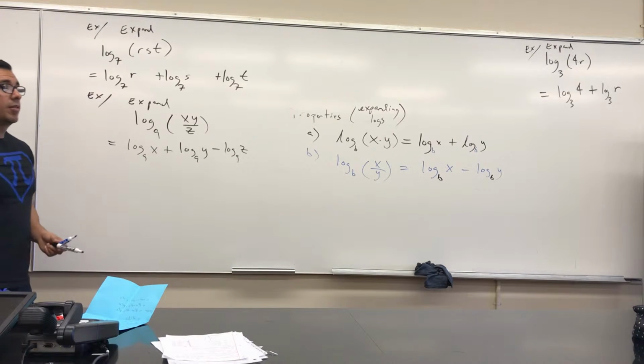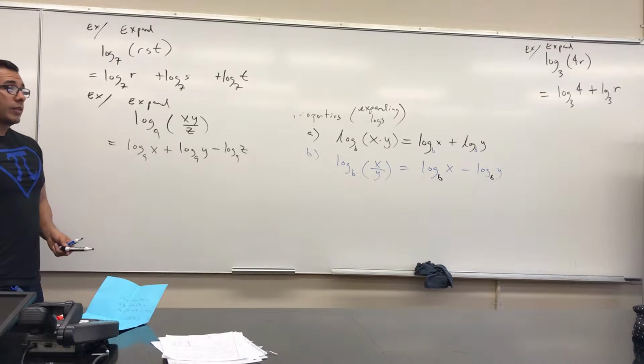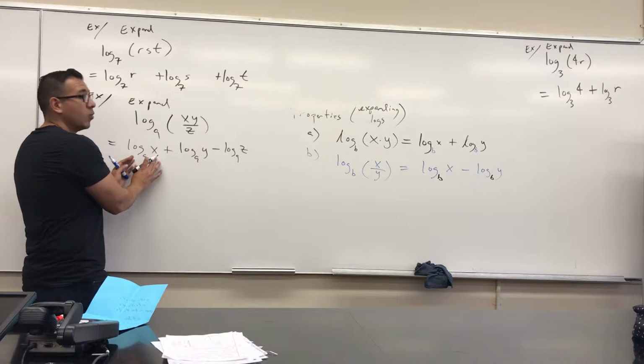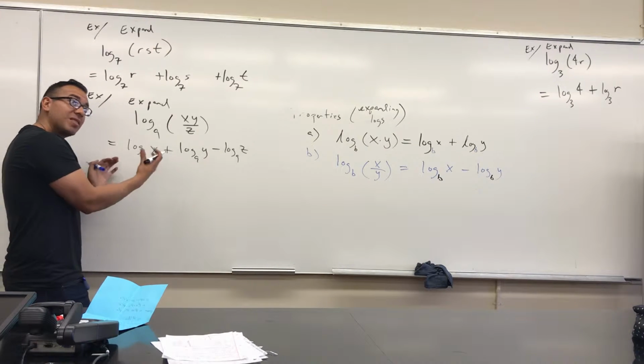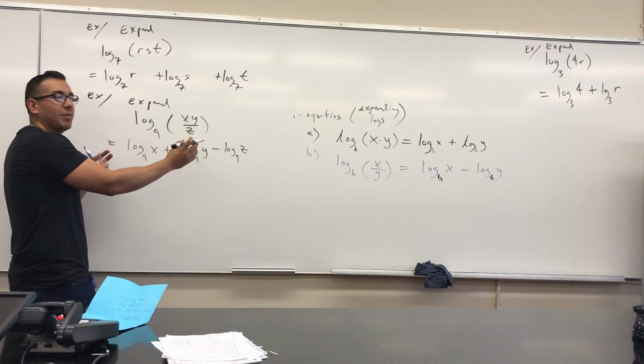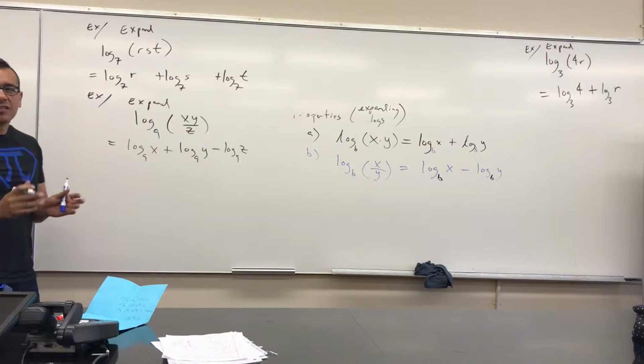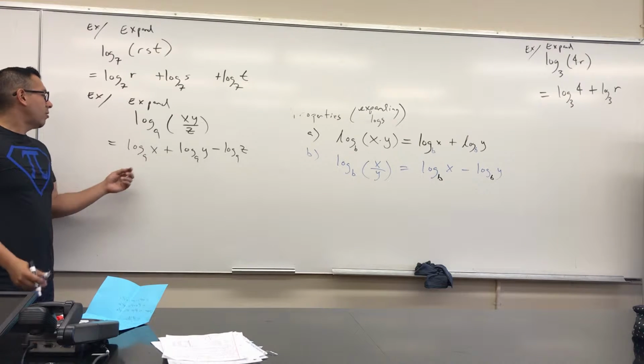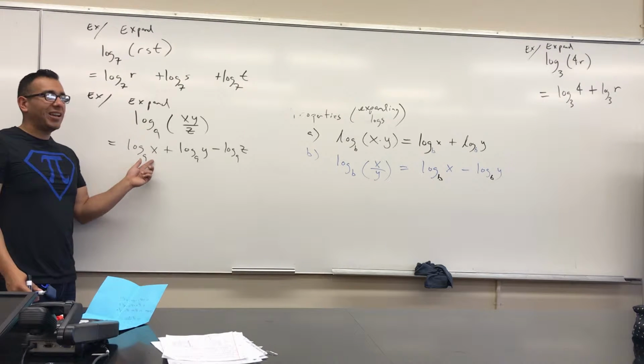So, do we put parentheses around the positive ones, just because it's separate from the z? It's not, because all this is one term. Like, all this comes as a package. I can't ever separate them, because people sometimes think later on, even in calculus, like, oh, this is log base 9 times x.